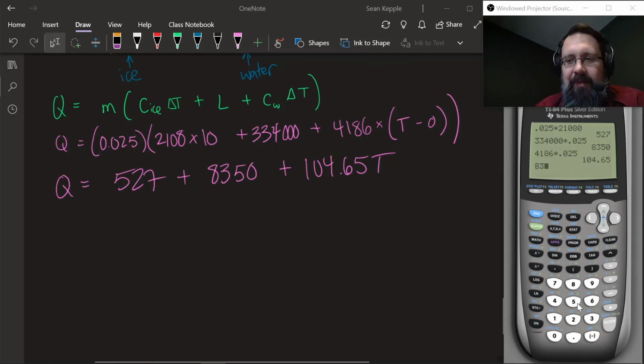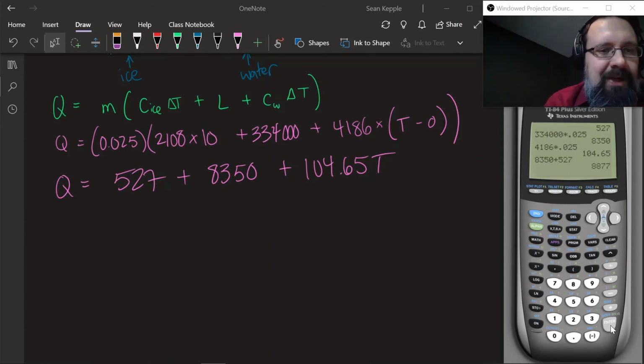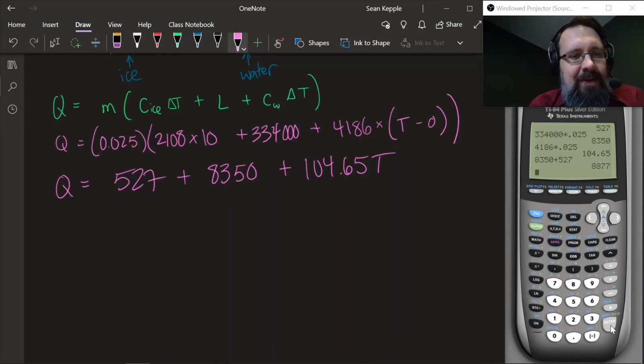So 8350 plus 527. So we're going to get that Q is going to be equal to, that is the most disgusting Q that I've ever written. It's going to be equal to 8877 plus 104.65 T.